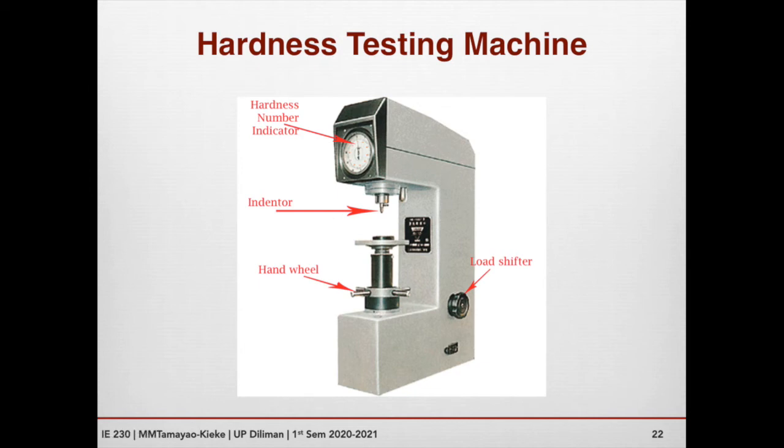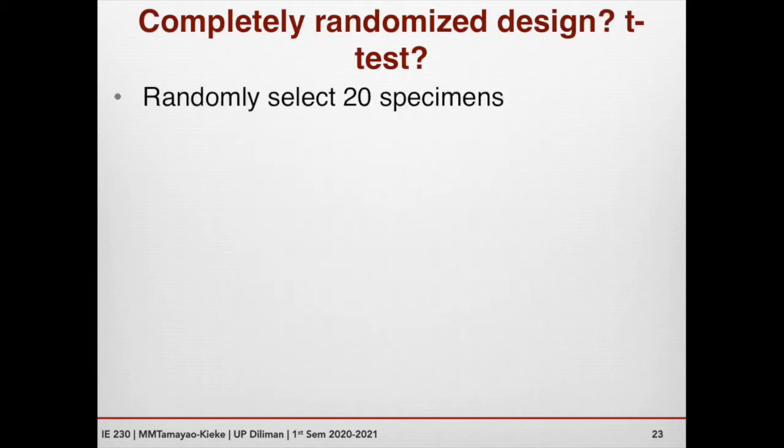The hardness of the specimen is determined by measuring the indentation caused by the tip. Now, suppose that this machine has two available tips, and you want to verify whether the two tips produce the same hardness reading. How would you conduct the experiment?